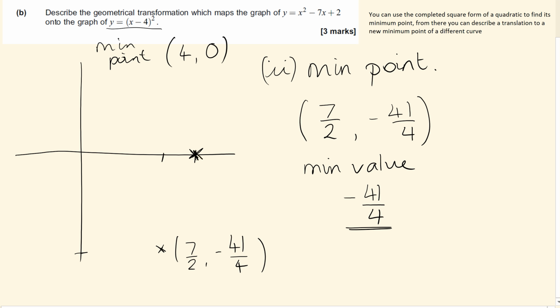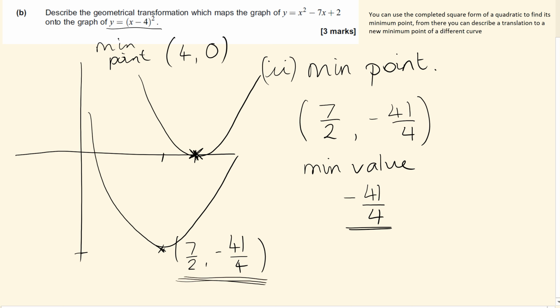So we're going there. What we're being asked for is what moves a curve that looks something like that onto a curve that looks something like that. Because we know the minimum values, we're looking at how do we get from this set of coordinates to this set of coordinates here.